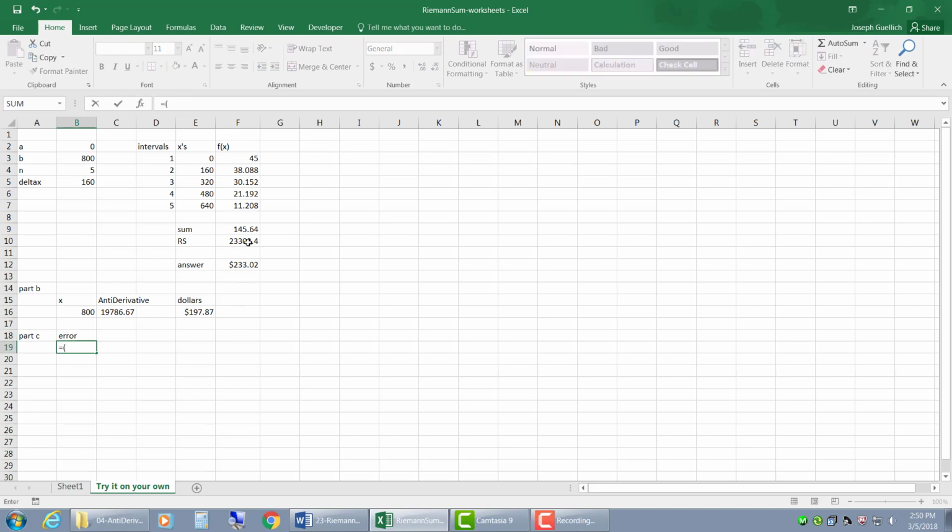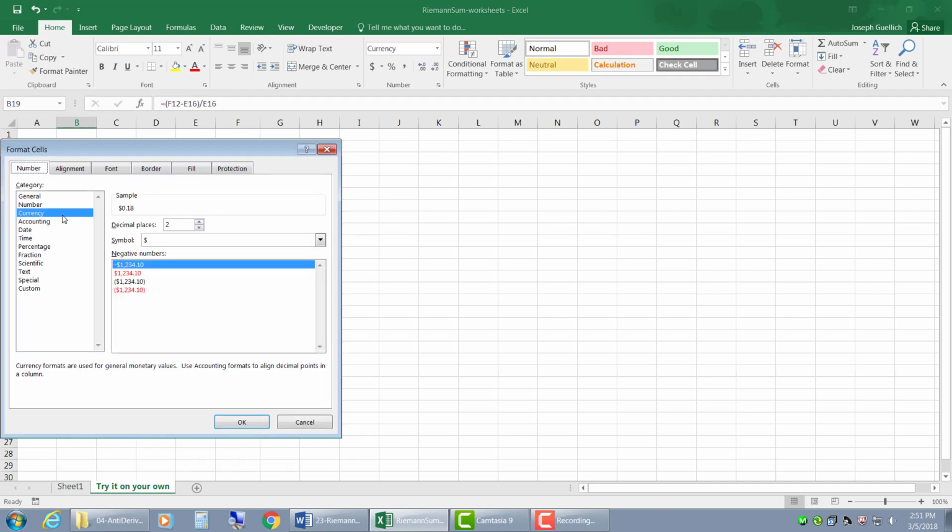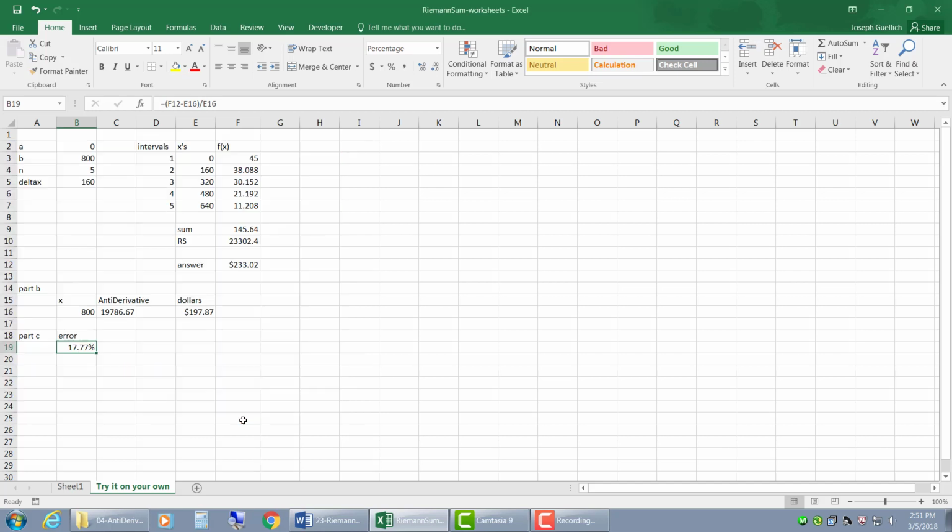This is going to be our estimate minus the actual that we got from the antiderivative, divided by the actual amount right there. And we're going to change it to a percentage, and not dollars. So percentage, like that. So our estimate is about 17.77% higher than what the actual amount is.